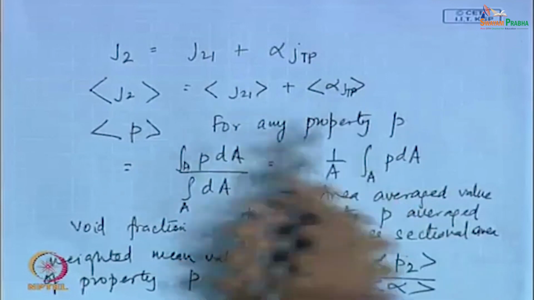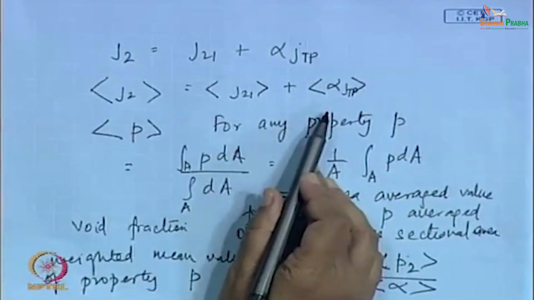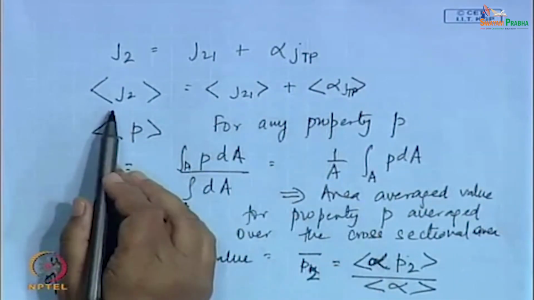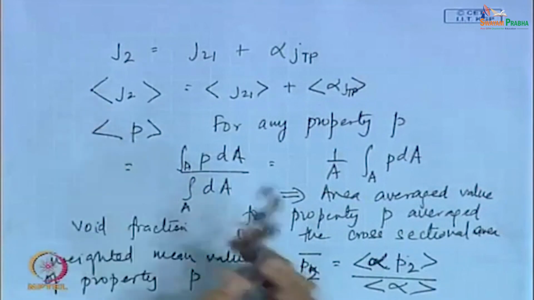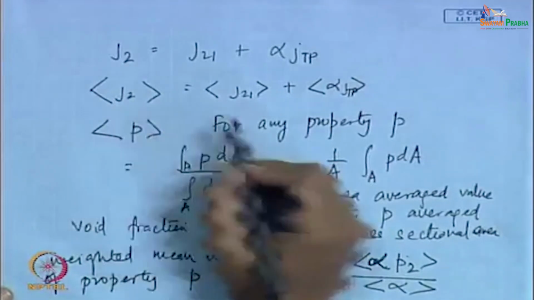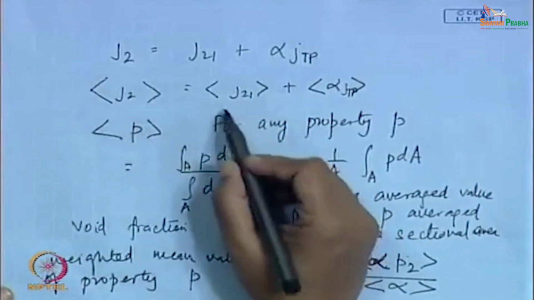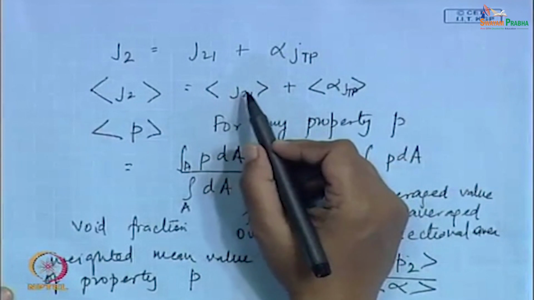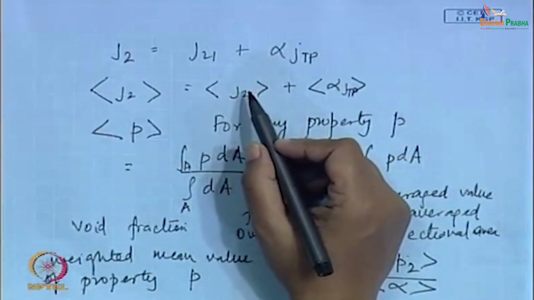Now, remember one thing, whenever we have to deal with this particular equation, finding out J2 is very easy. It is nothing but q2 by A, as I have already written down here. This particular J2 is nothing but q2 by A. J21 can be found out, it is just the average drift flux averaged over the entire area.